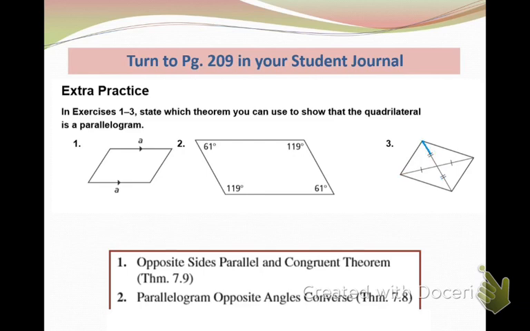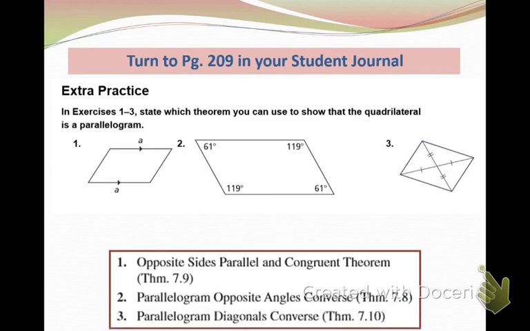Also, when this blue one cuts through the other one, it cuts that diagonal perfectly in half. So because of this, it's called the diagonals converse. Again, if you told me that the diagonals were bisected, it's more than enough information for me.